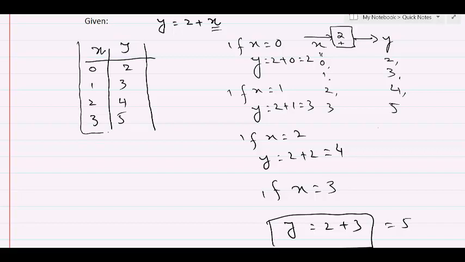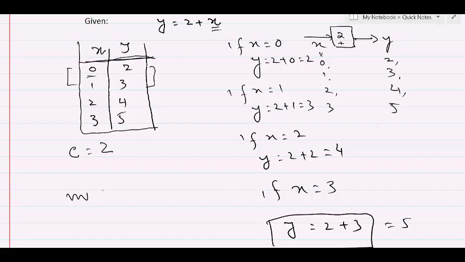This table of values actually gives us a lot of information. We can find out the c value and we can find out the m value. c is the y-intercept, which occurs when x is equal to 0. The value of y when x is equal to 0 gives us the c value. Here x is equal to 0, so the c value is 2, and m can be calculated when the difference between consecutive values of y is divided by the difference between consecutive values of x.